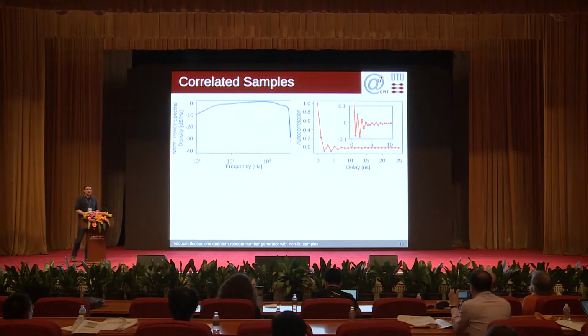Now, we measure a lot of samples, and we calculate the power spectral density of it, and then it looks like this. And if we then calculate the autocorrelation, we see that the samples are not independent of each other, but we have correlations in time.